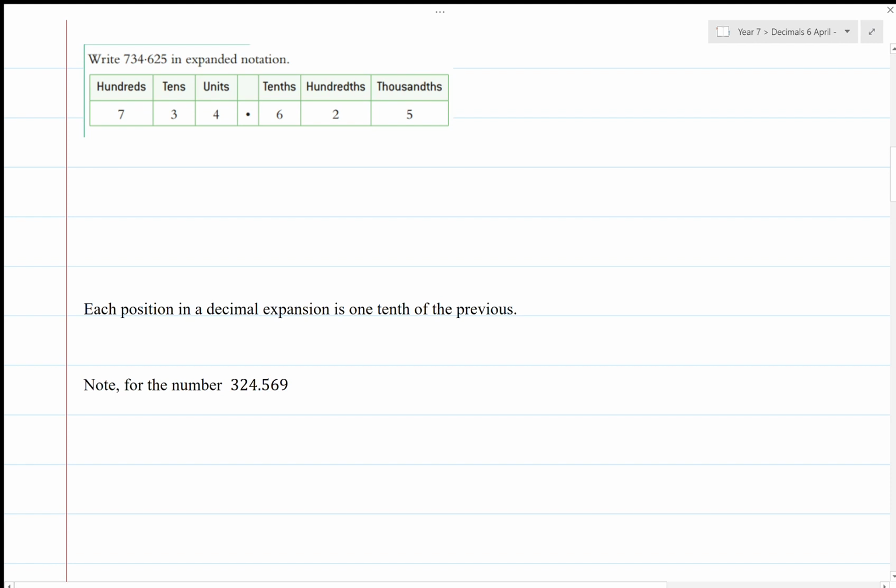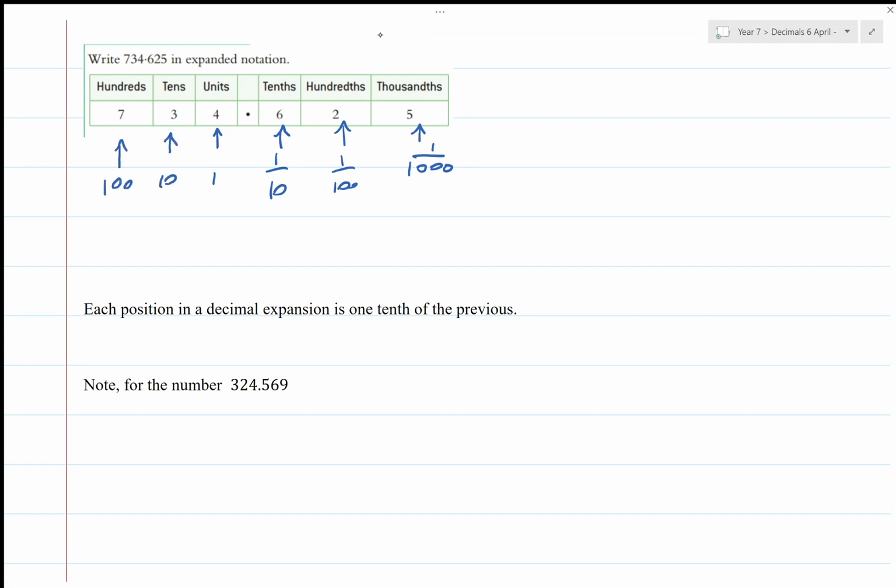So the first thing is, well, what does this notation actually mean? So the idea is that the first position after the decimal point is tenths, 1/10. The next position is 1/100ths, 1/100th. The next position is 1/1000th. These are ones, these are tens, and these are 100ths.